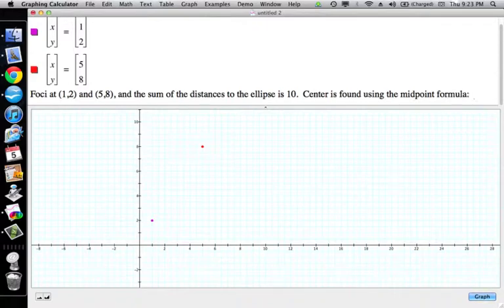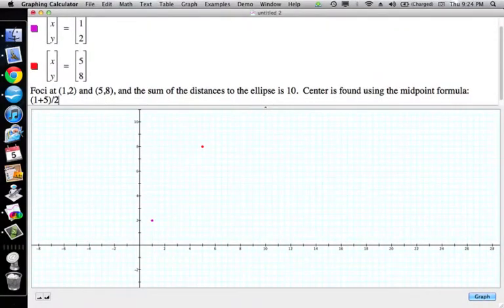And so that's going to be 1 plus 5 divided by 2, comma, 2 plus 8 divided by 2. So my center is going to be 3, 5. Okay.